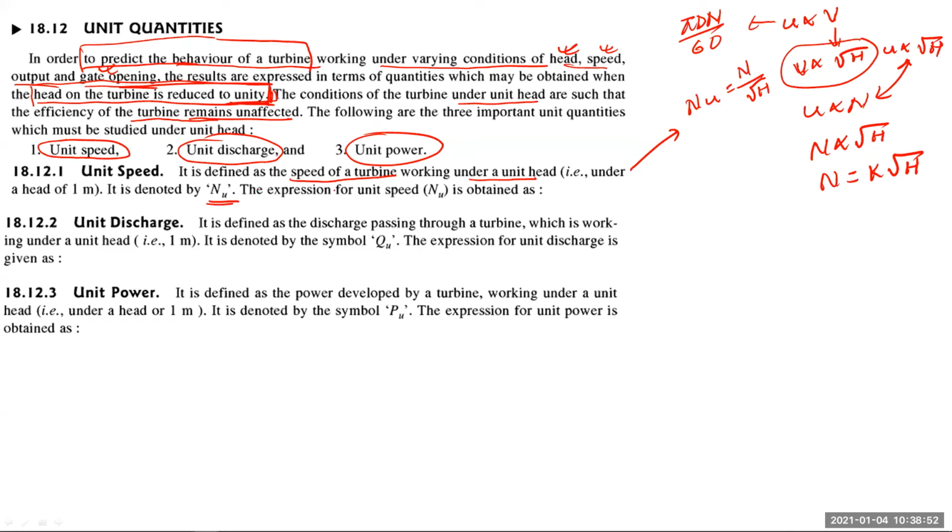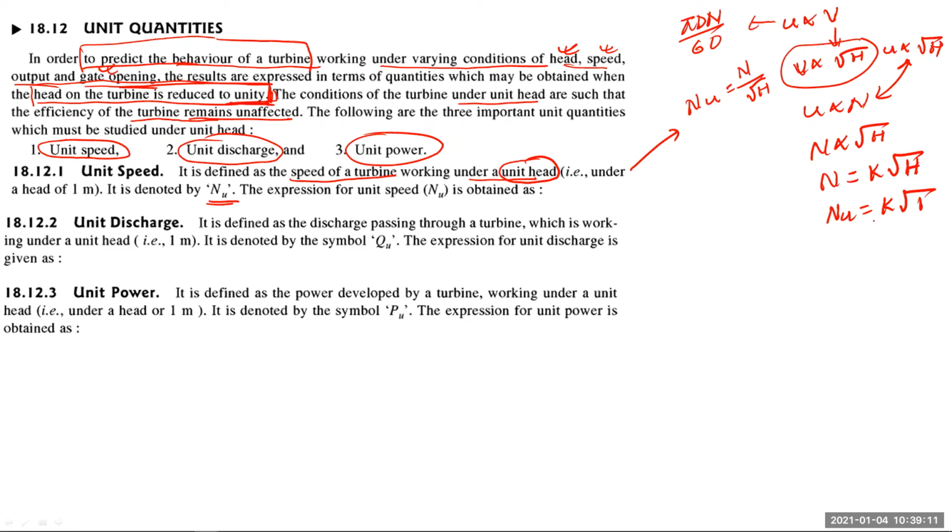Definition is saying unit speed is nothing but speed of turbine working under unit head. Means when unit head, H equals 1, then N becomes Nu, unit speed, equals K into root under 1. So this is your unit speed.